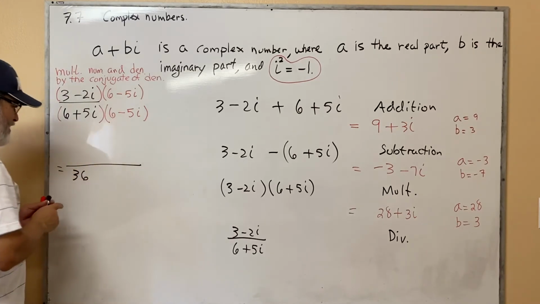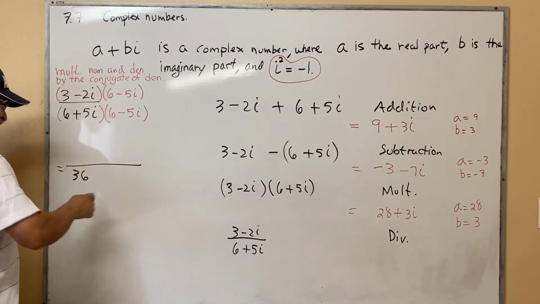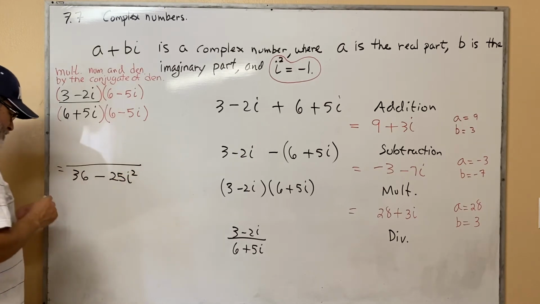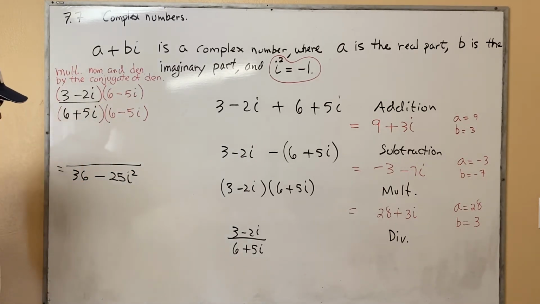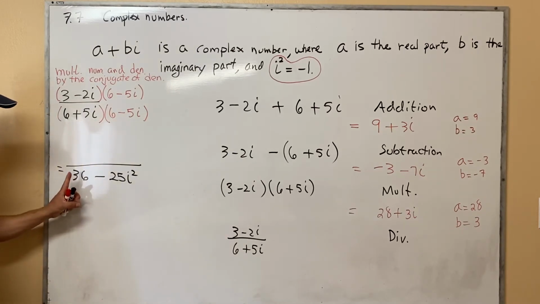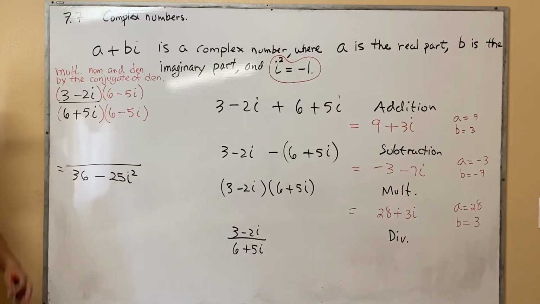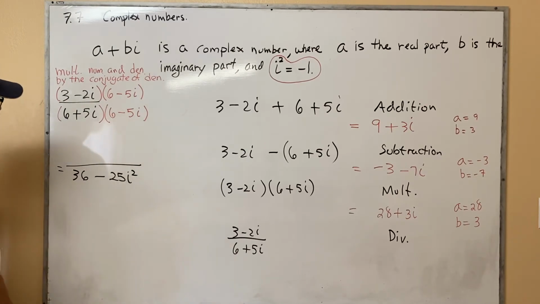How about last? 5i times negative 5i, negative 25i squared. Remember this i squared? It's over there, look. Okay. So this is first and this is last. Outer and inner cancels. And that always happens with conjugates.